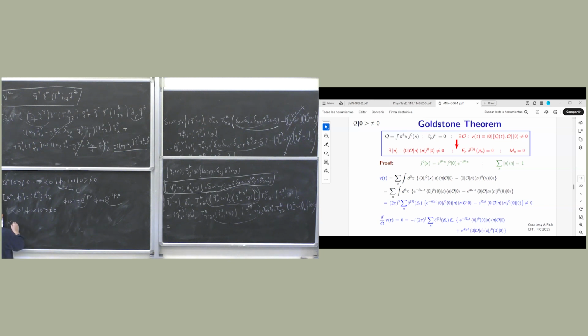So now I can compute this quantity, the commutator of Q with this field. The key point is, does this quantity depend on time?